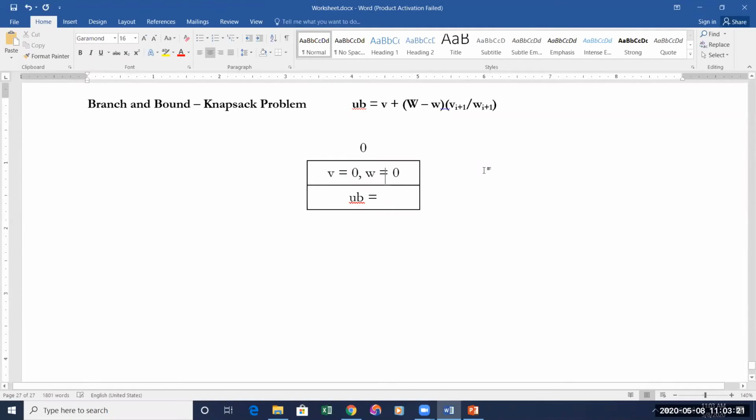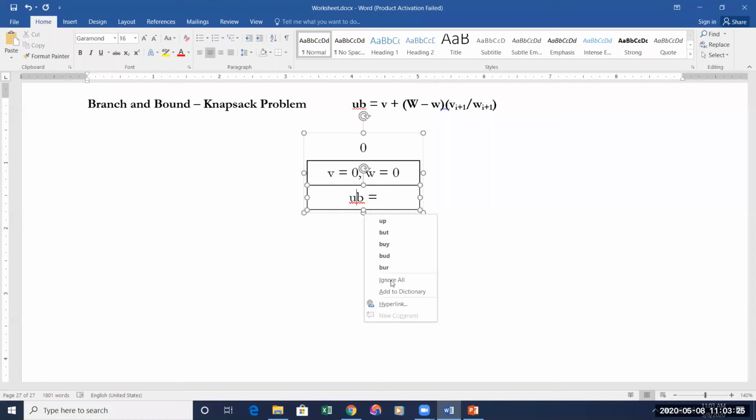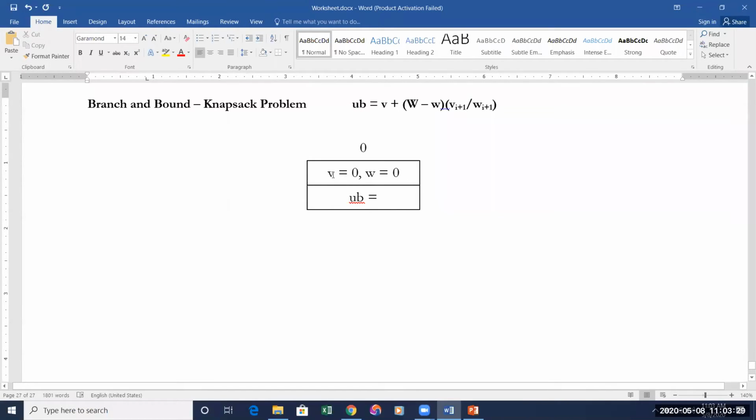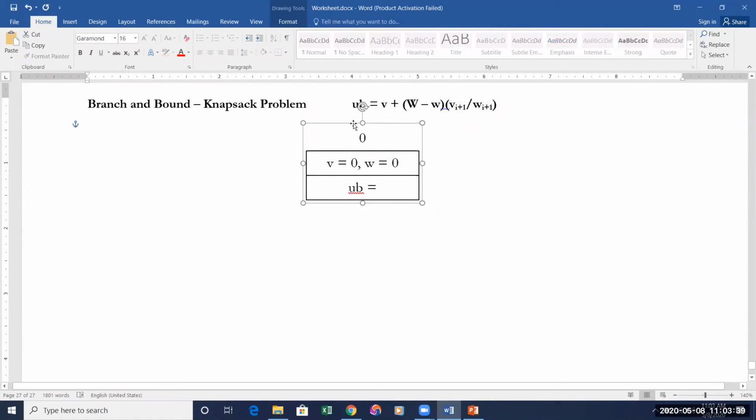This is the initial node. Each node contains value, weight and the upper bound. So node 0 is the root node. Here you are not considering any items. None of the items from the list you are considering.